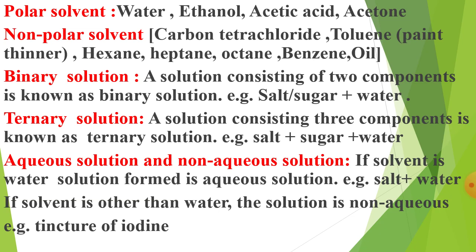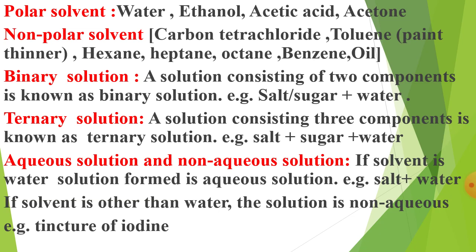The chemical bonding chapter is also helpful to understand Unit 2. The common polar solvents are water, ethanol, acetic acid, acetone. The formulas of these solvents you have to know.